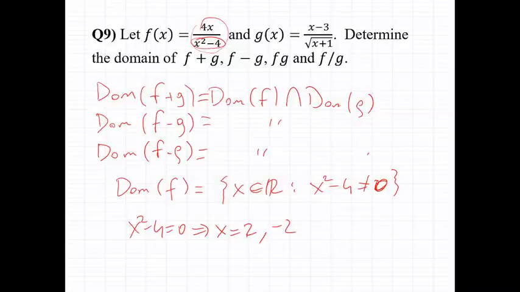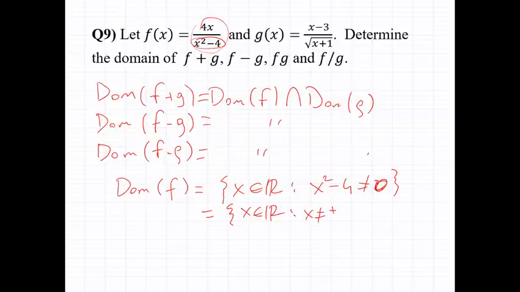Not 0 means x should not be equal to 2 and x should not be equal to minus 2. So 2 and minus 2 are not accepted, or you can say all real numbers except minus 2 and 2.